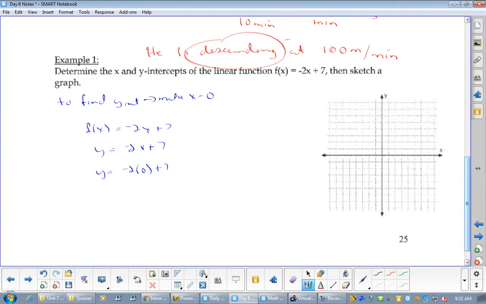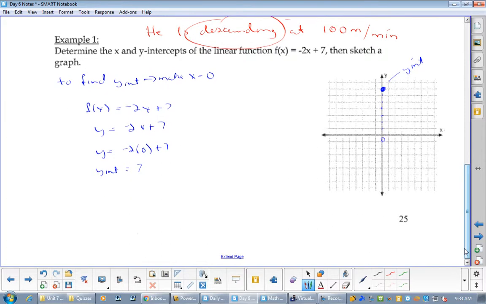So what's the y-intercept? It's 7. So let's go 1, 2, 3, 4, 5, 6, 7. There's my y-intercept. And do you see that x is 0 at the y-intercept? So it's not really a trick, it just makes sense. If you want to find the y-intercept, make x equals 0, because that's when the y-intercept always occurs.